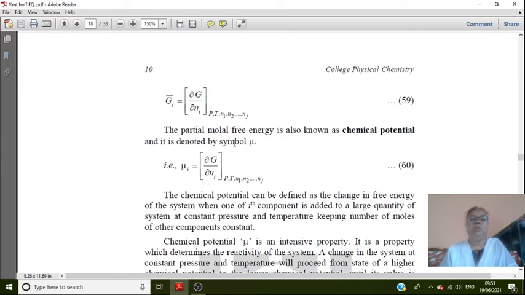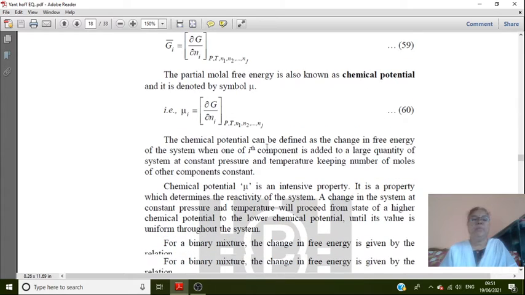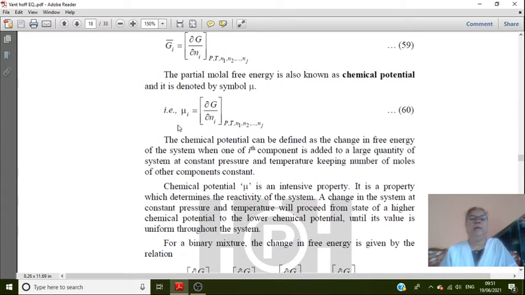Then the partial molar free energy is also known as the chemical potential, and it is denoted by the symbol mu. So we can write mu i is equal to ∂G/∂ni at constant pressure, temperature, n1, n2, up to nj.